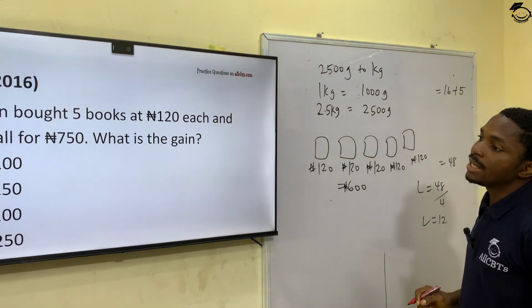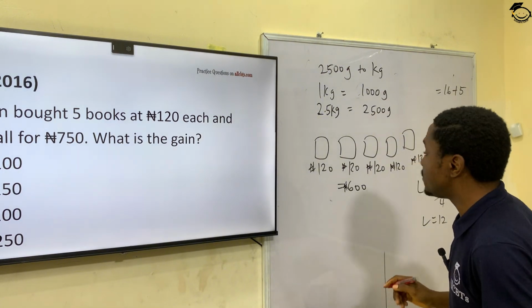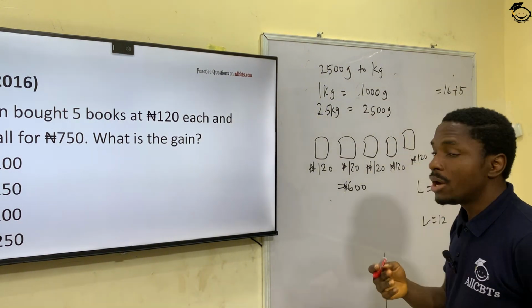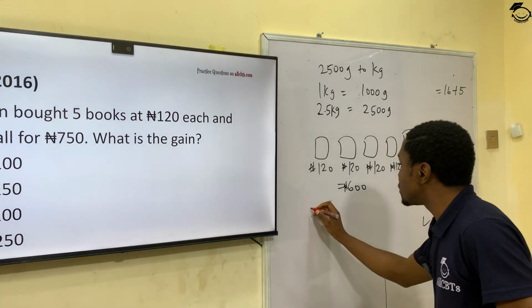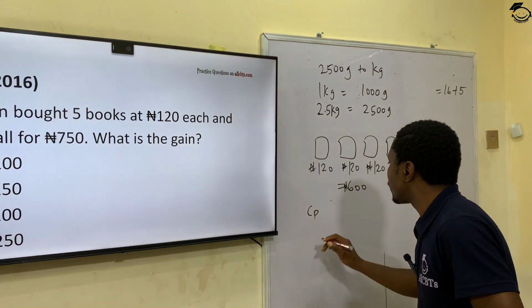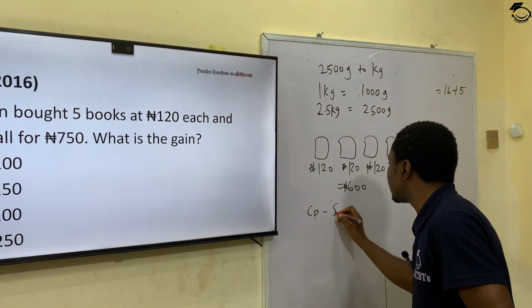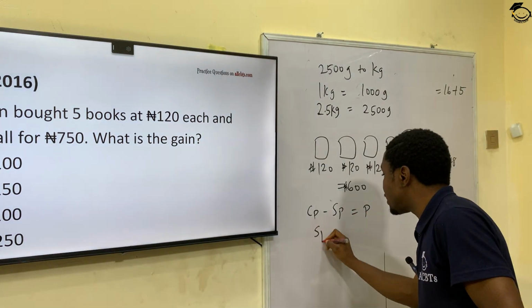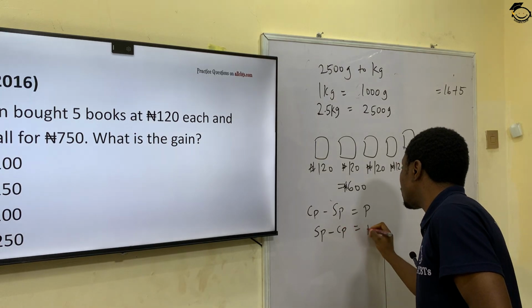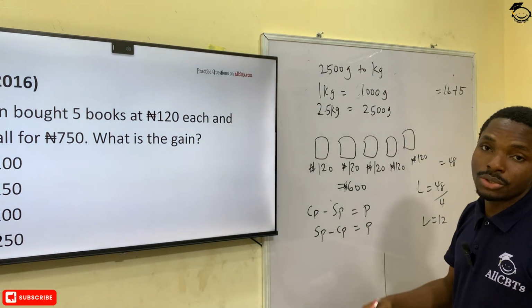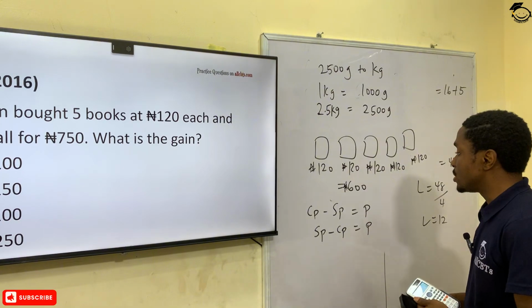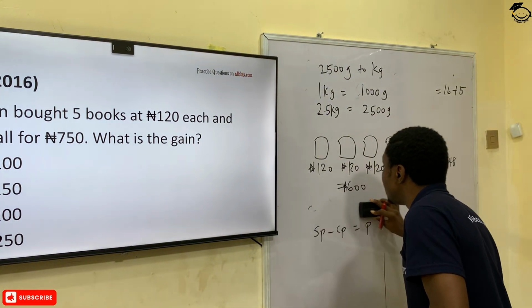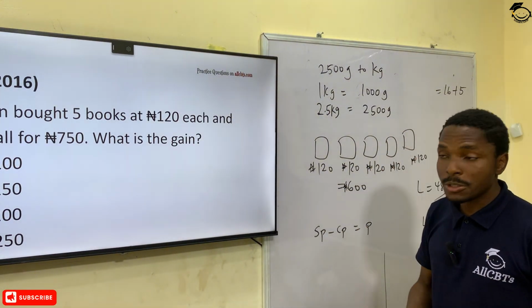So then he sold all for 750. I told you the formula already. Selling price minus cost price equals profit. I think this is the better way, because the selling price is often higher than the cost price.